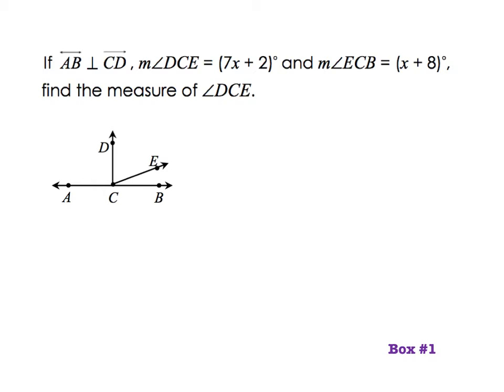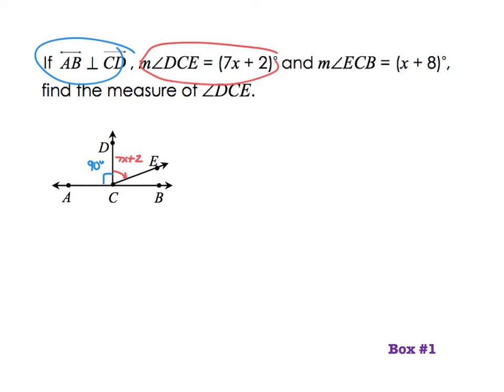So here we go. It says AB is perpendicular to CD. Measurement of angle DCE is 7x plus 2. All right. And I should be writing this down. So this right here is basically telling me that this measurement here is 7x plus 2. This right here indirectly told me that it's 90 degrees here.